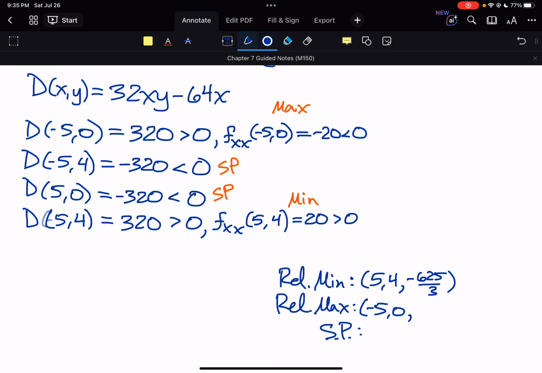And the output for that one is 503/3. And the saddle points are the other two. So negative 5, 4, output of 125. And 5, 0, output of negative 497/3.